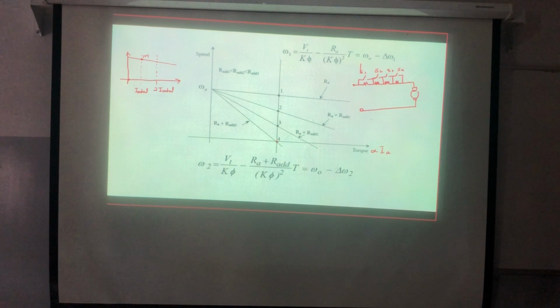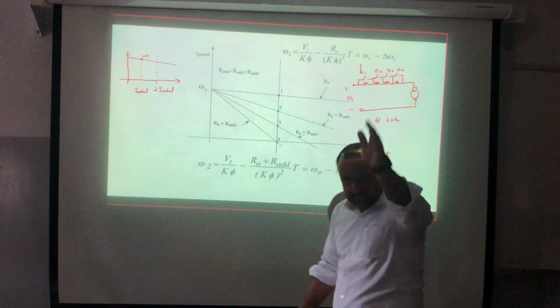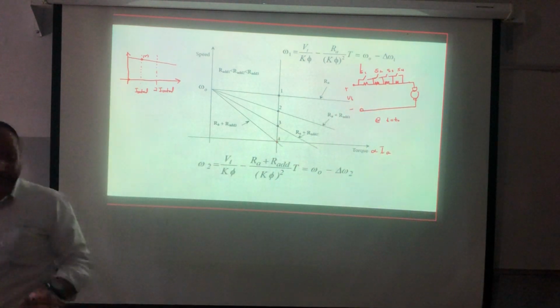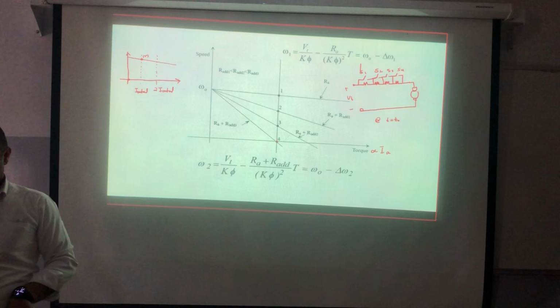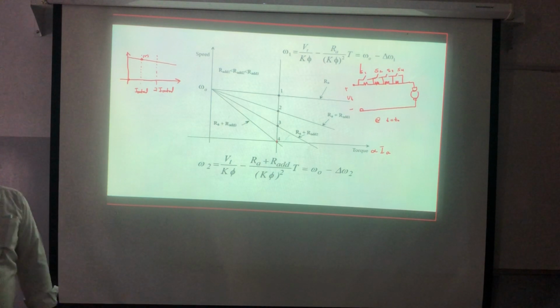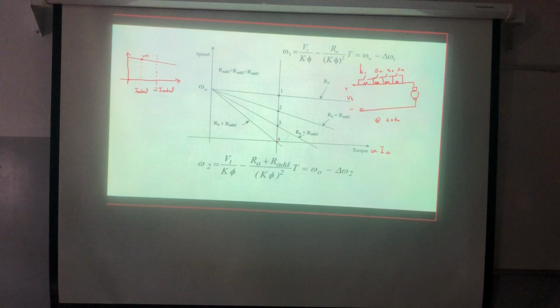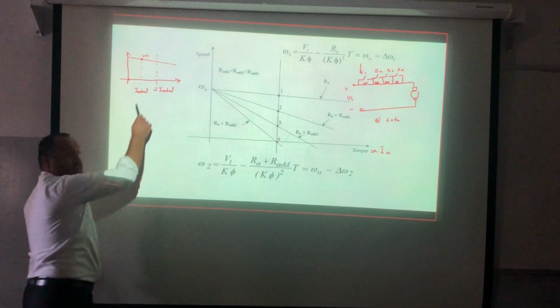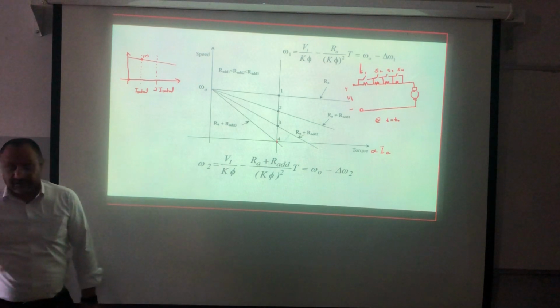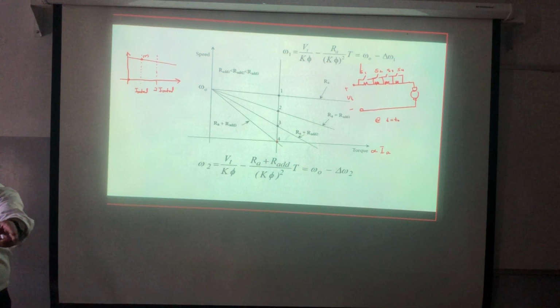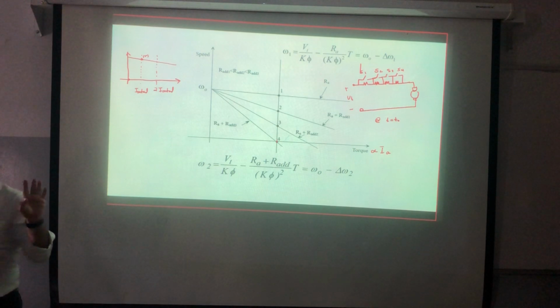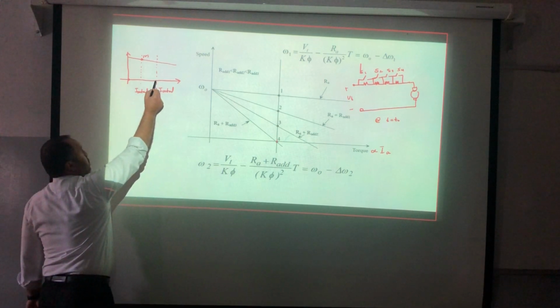So at t equal to 0, and this here plus minus V total. So at t equal to t0, all the switches are open. So I'm having the maximum resistance that I can impose. I need to calculate this one from which point? From point 4, which is here. Twice the rated. So at start, the current will be twice the rated. So simply at start, I should be here.